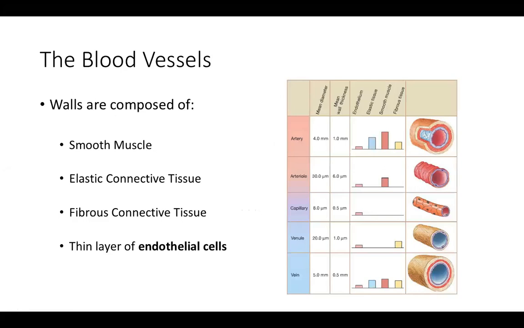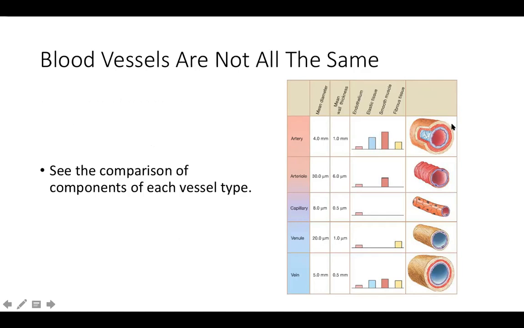Blood vessels are generally comprised of all of the following, or some combination of the following: smooth muscle, elastic connective tissue, fibrous connective tissue, and a thin layer of endothelial cells. You can see that not all blood vessels have the exact same components.